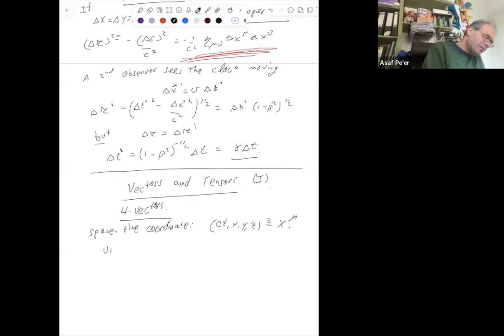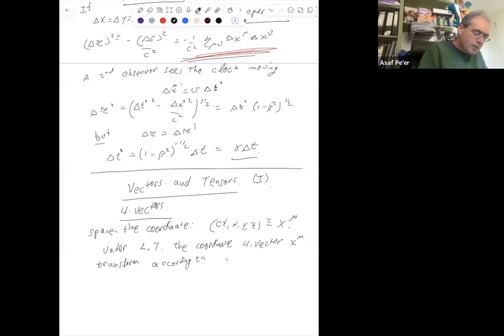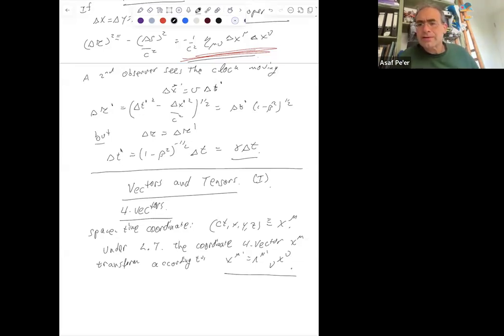The coordinates for the vector, x^μ, transform according to x^μ' = Λ^μ'_ν x^ν, right? That's what we discussed on Thursday.